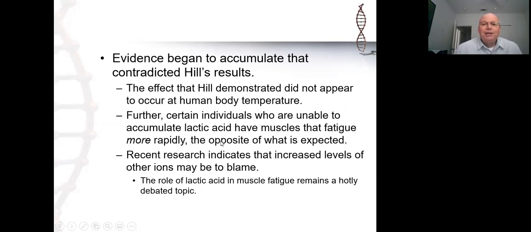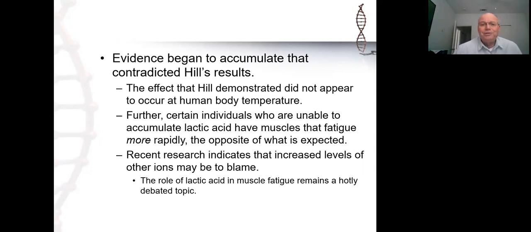The original studies suggested that it was the lactic acid, but because of the issues with those original studies, we can't necessarily apply that data to human muscles. Plus, there is evidence now being developed from looking at human muscles that suggest that the lactic acid is not the culprit, that it's something else.